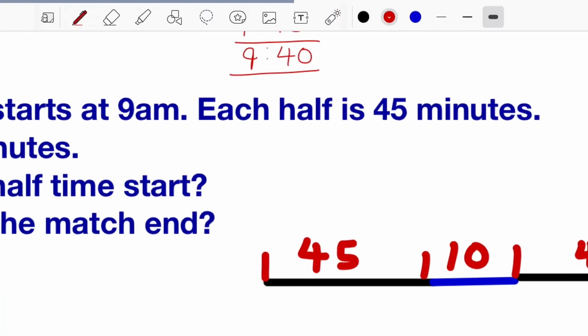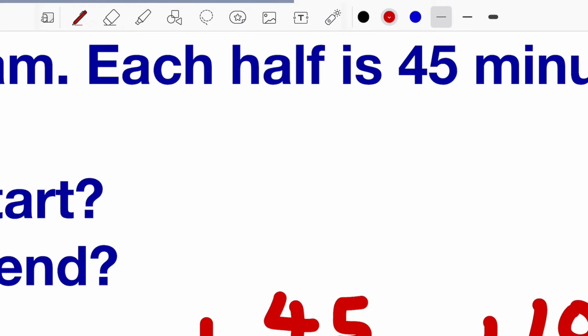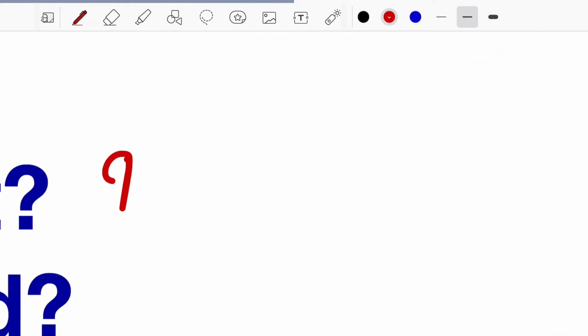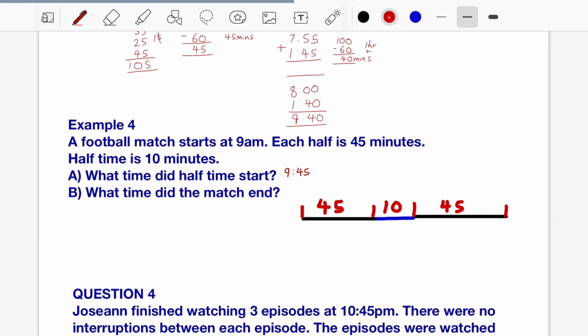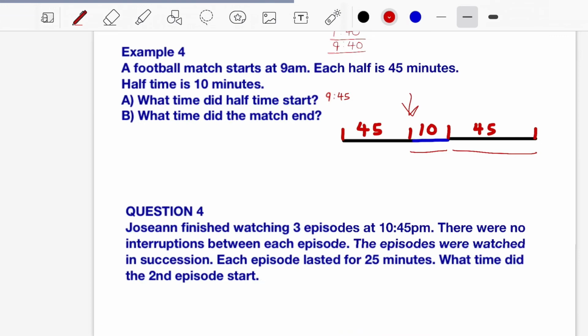So that's simply 9:45. Then we have, what time did the match end? Right here we know it's 9:45. So we're going to add 10 minutes plus 45 minutes. 10 and 45 is 55.